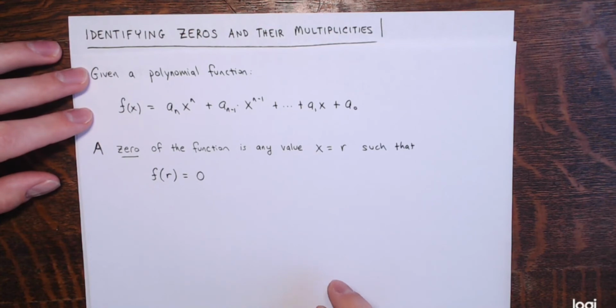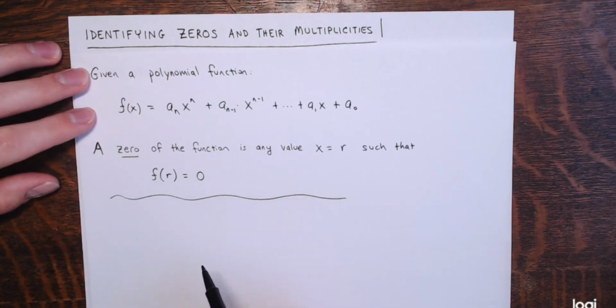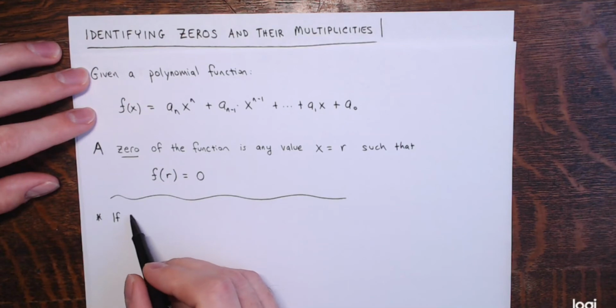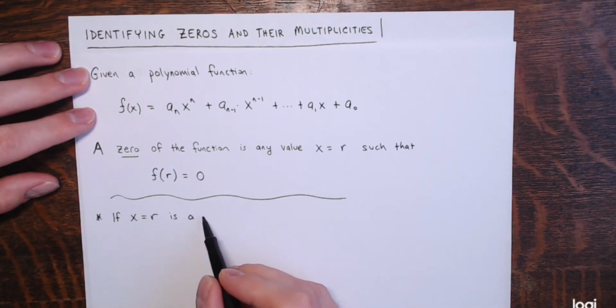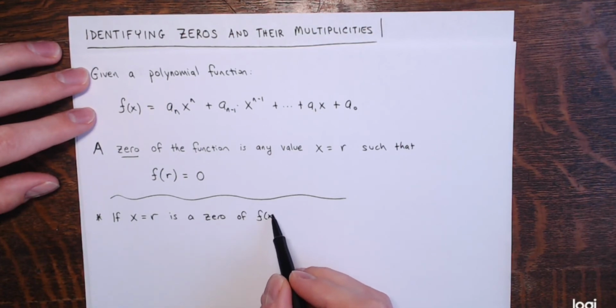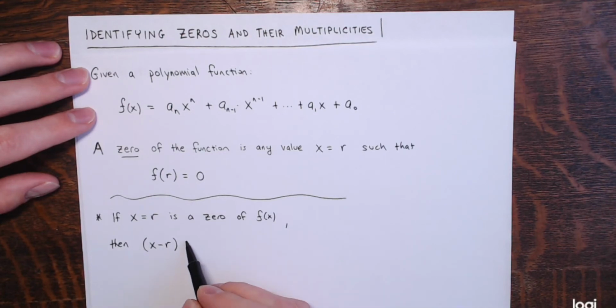Alright, now one thing you're going to notice, and this will also come up in a future video, this is a big thing here. If x equals r is a zero of the function, then the quantity x minus r will be a factor of the polynomial.